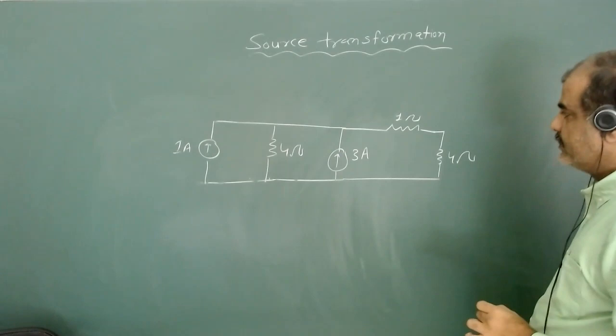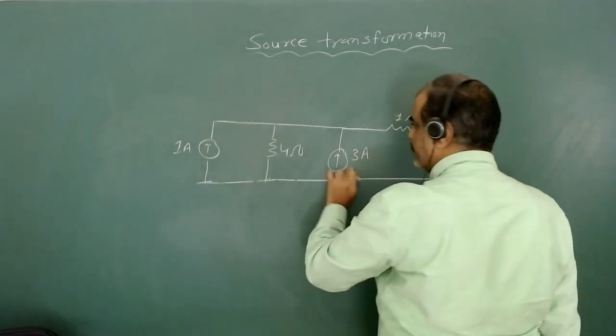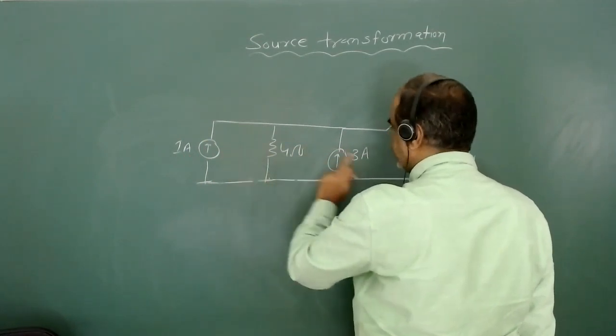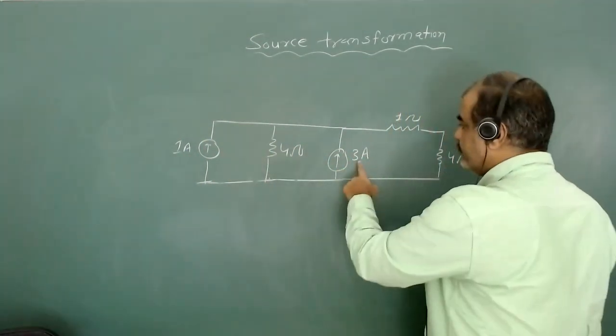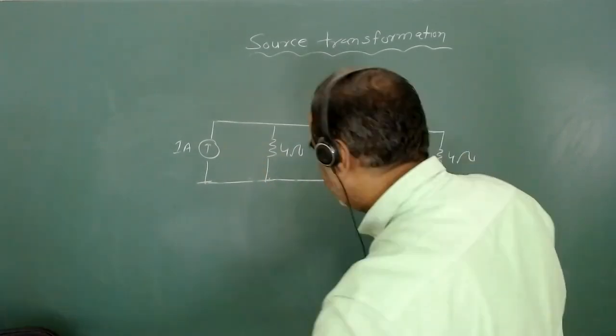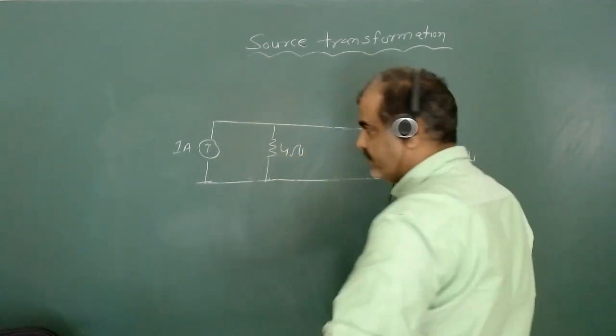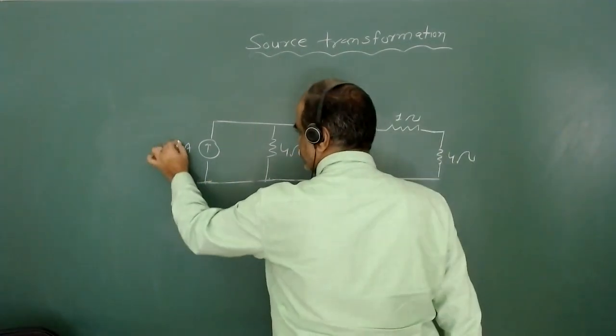Now here we can see I have 2 current sources connected in parallel, so I can add these 2 current sources together. 1 plus 3 becomes 4. So now this becomes a 4 ampere source.